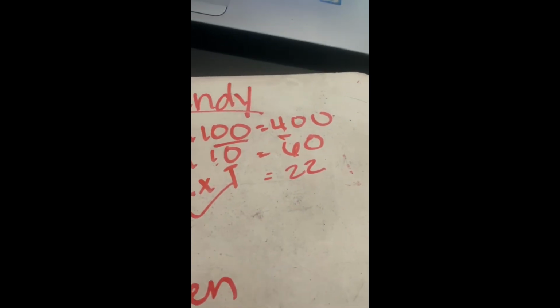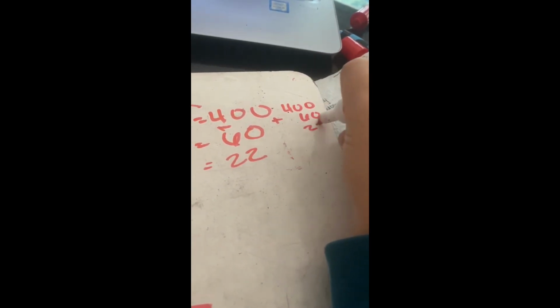So now I need to know what 400 plus 60 plus 22 is. So let me line it up.